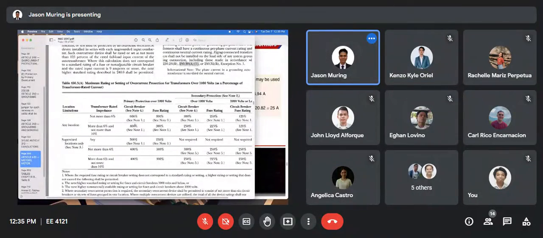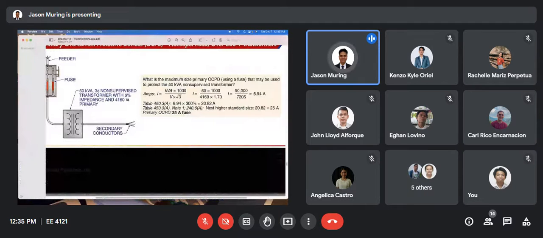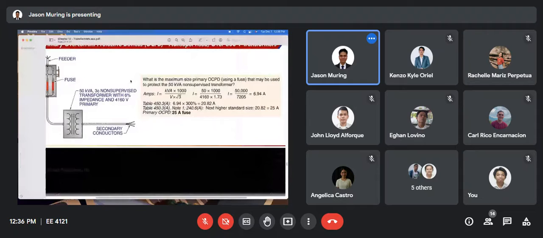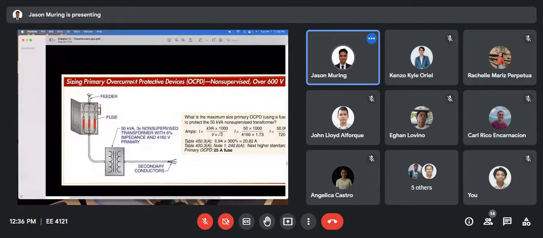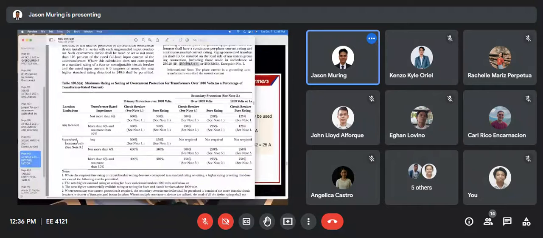And 6%. So what is it exactly? With the impedance, it's exactly 6%, so not more than 6%. So this is for non-supervised, so any location.